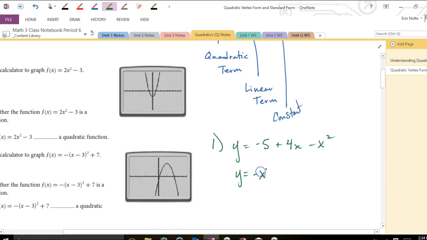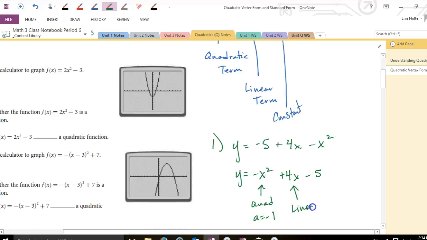So negative x squared plus 4x minus 5. Okay, so this is my quadratic term. By the way, what's the a value on this? -1. So my a value is equal to -1. Here's my linear term.